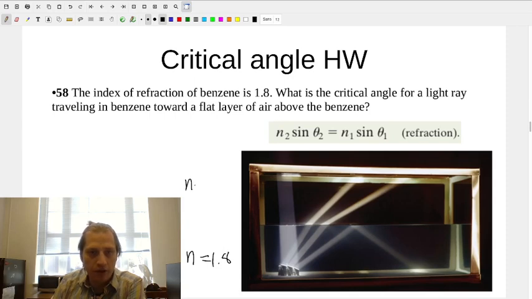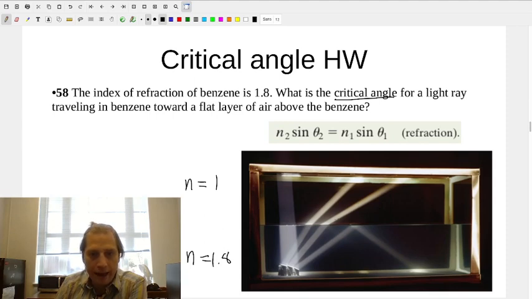So up here, the index of refraction is 1. And what do they mean by critical angle? Well, you'll notice if you look at this picture that somewhere in between this angle and that angle, you're getting a situation where none of the light is really going through. And that is called total internal reflection.